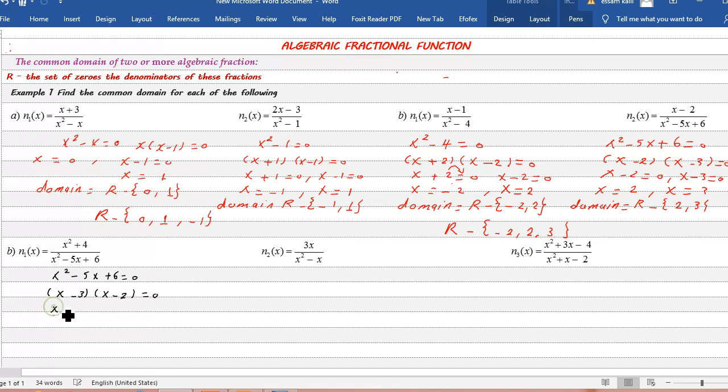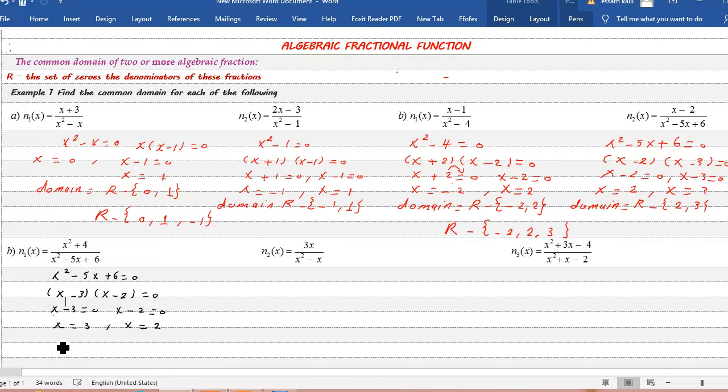Then x minus 3 equals 0 and x minus 2 equals 0. Move negative 3 to the other side, so x equals 3, and move negative 2 to the other side, so x equals 2.